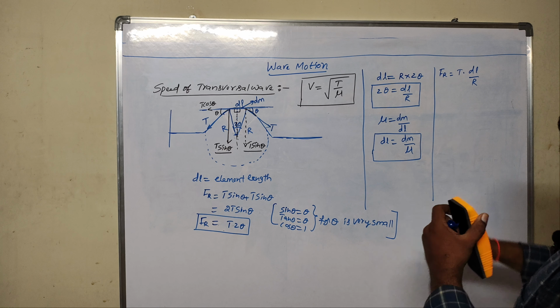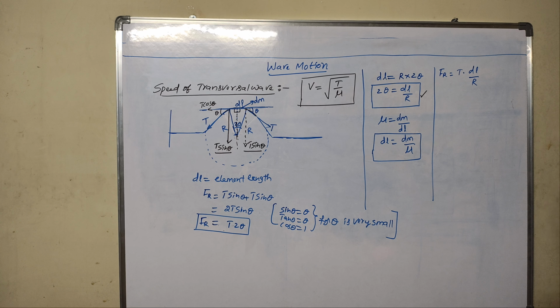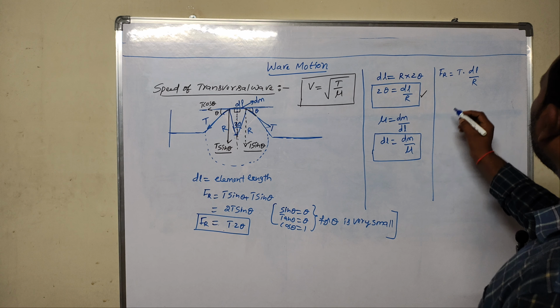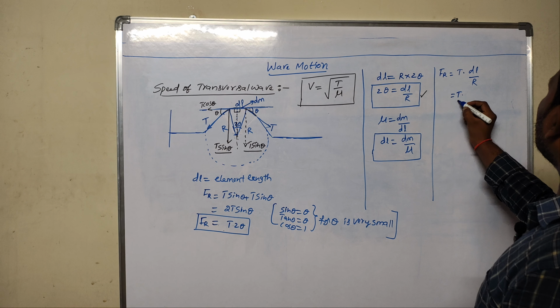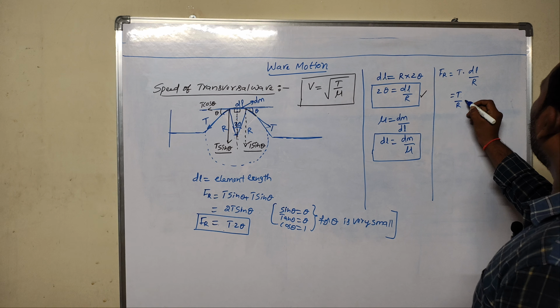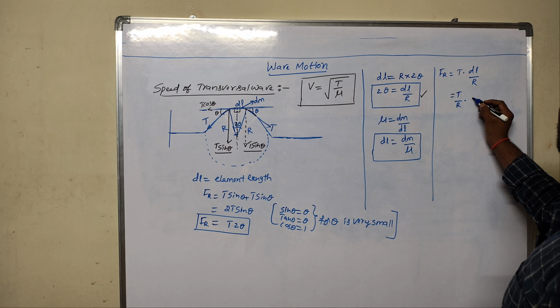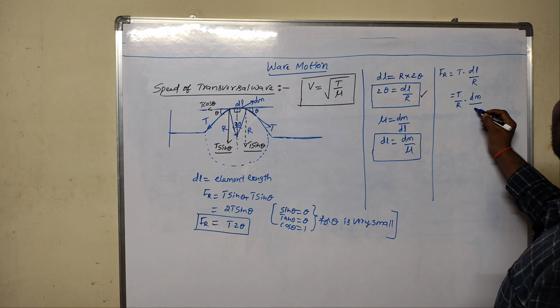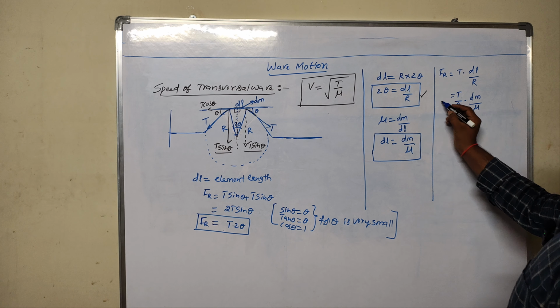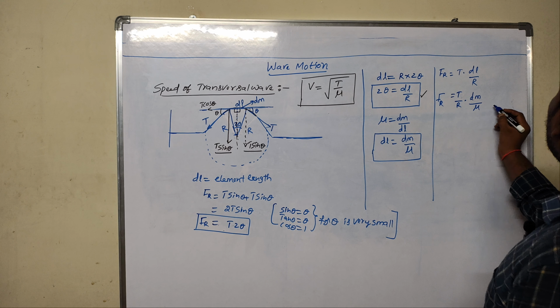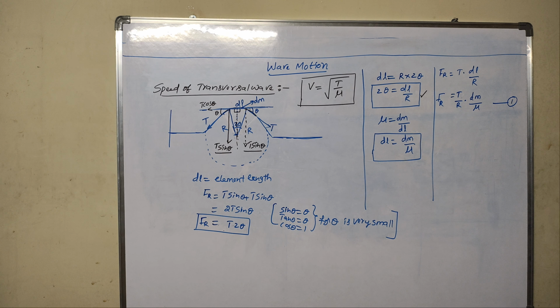So Fr is equal to T into dl by r. But what is dl here? dl is equal to dm by mu. So this entire thing is the restoring force. That is equation 1.